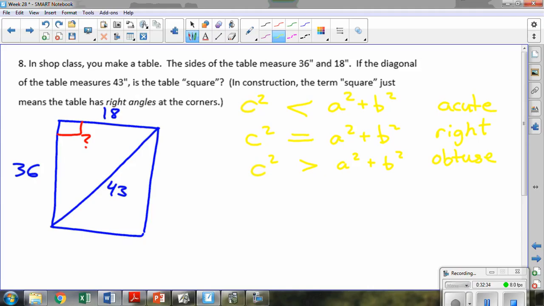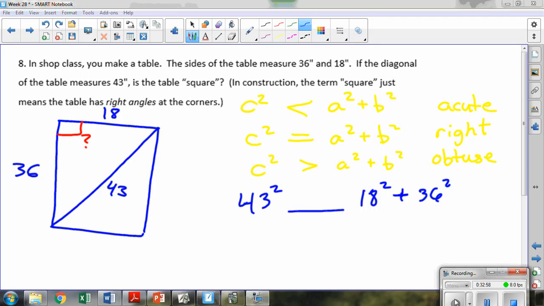This is a problem, then, that's asking us, which case is it? It's not too bad. We'll just plug in our numbers and see 43 squared compared to 18 squared plus 36 squared. Let's grab our calculator and start crunching the numbers. What's 43 squared? And I'm told 1849. 18 squared plus 36 squared, 1,620.